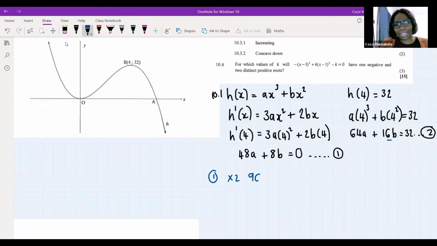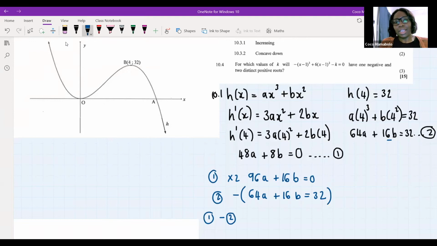Hey, 96a, that's a big number. Plus 16b is going to equal 0. And then my equation 2, I'm going to pop it in here. That's going to give me 64a plus 16b is equal to 32. And then I'm going to take equation 1 and minus equation 2. So minus that whole thing.